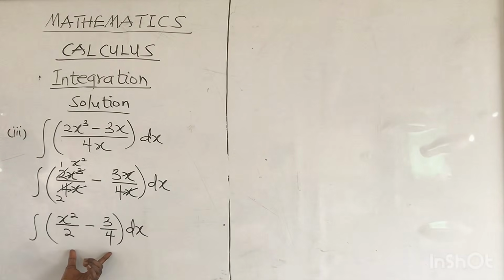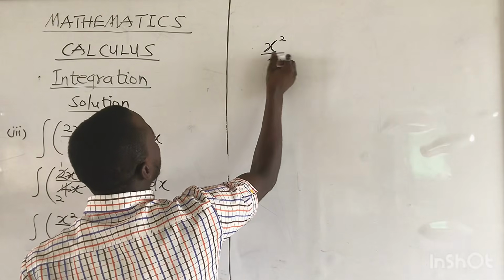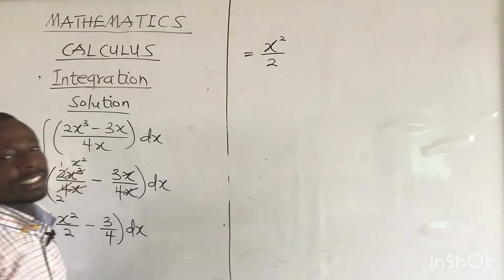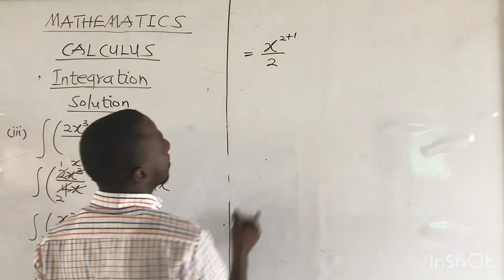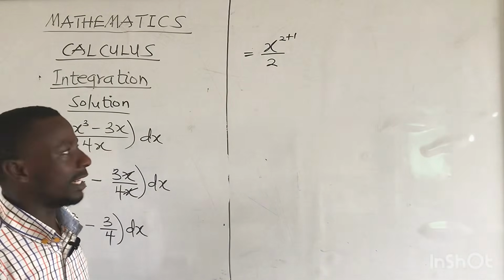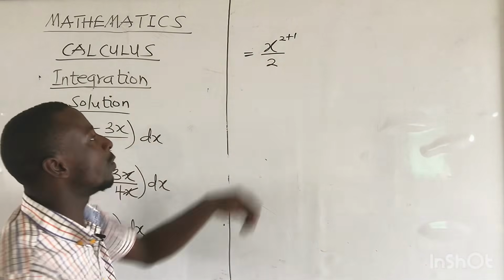So from here we can now start with the integration. So now let's start. When we want to integrate x squared over 2, just as we normally do, we need to add 1 to this. Then what we are going to get here, we will use it to divide this whole thing.